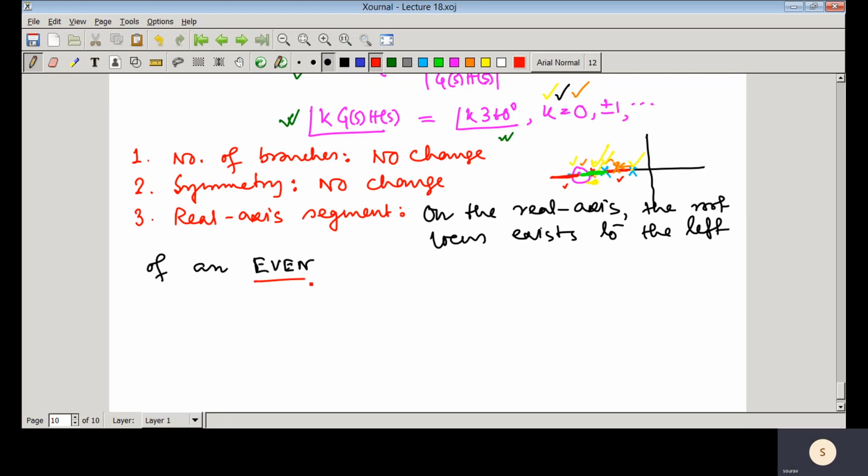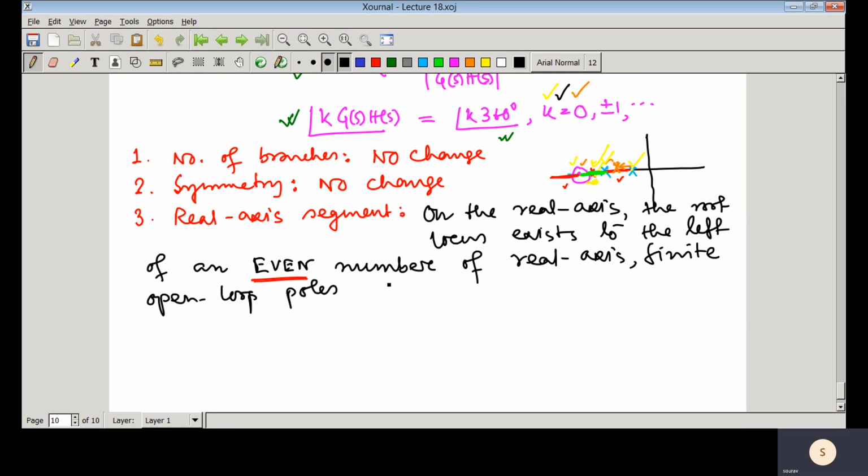In case of negative feedback it was odd. In case of positive feedback it is an even number of real axis finite open loop poles and or finite open loop zeros. So this is that difference, and that difference is due to the angle condition.